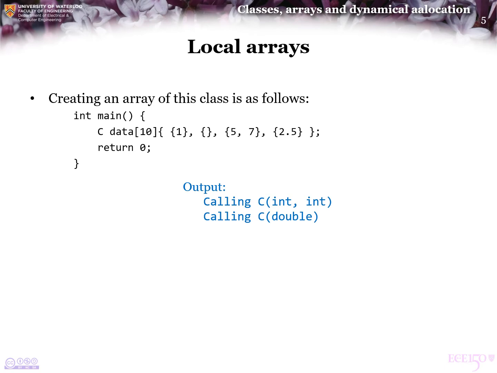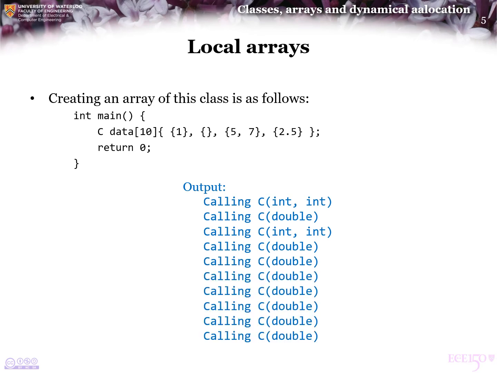The third one, there's only one constructor that takes 2 integers, and the fourth one, again, there's only one constructor that takes a single double precision floating point number. The compiler figures these out, and the rest of the entries of the array are initialized with calls to the constructor with 0 arguments. And of course, that would call the constructor that has a single double as a parameter with a default value.